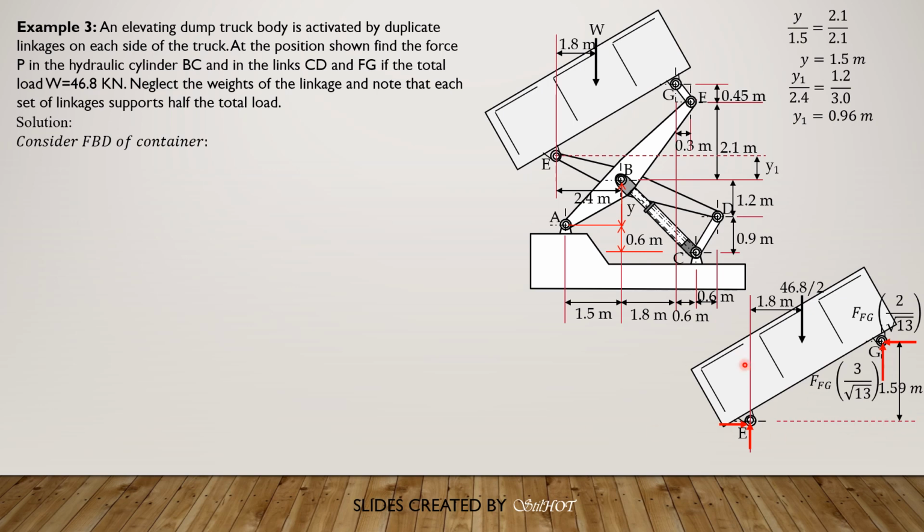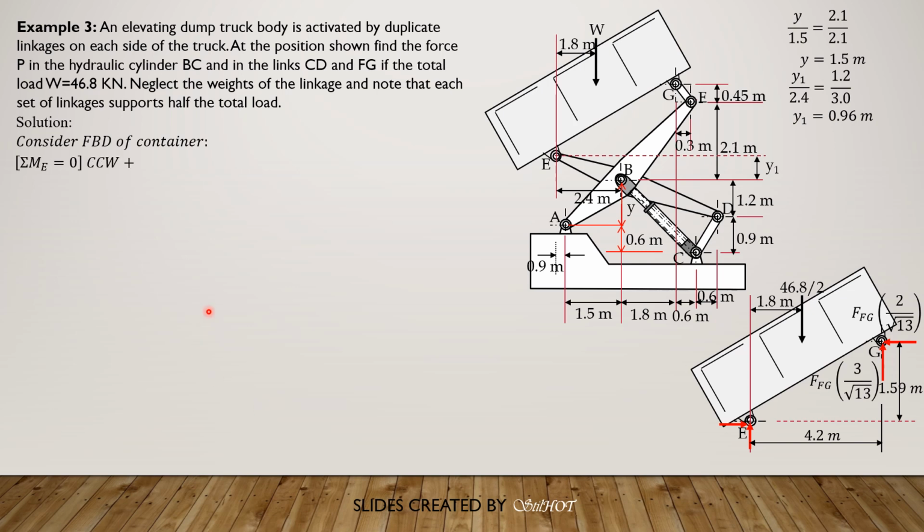The horizontal distance, as I said, is 1.8 plus 2.4, which is 4.2, minus 0.9, where 0.9 is 2.4 minus 1.5.